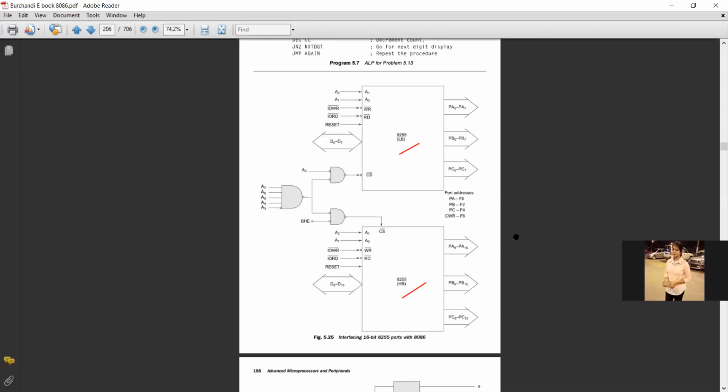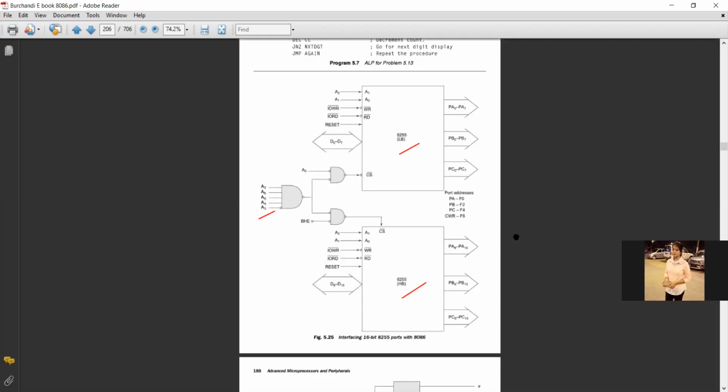Here it is A3 to A7. You can connect the rest, A8 to A15 also, assuming all are 0. So how will the address be generated in this kind of diagram? I showed you in this picture.